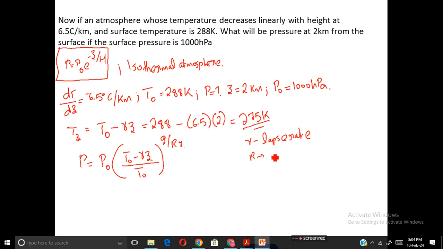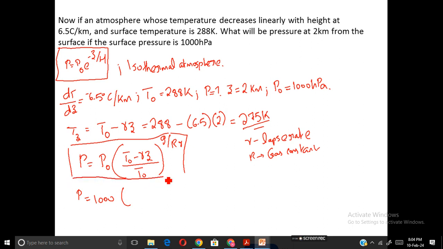R is the gas constant. Other quantities have been given. So basically P will become, P0 is 1000 hectopascal. So this is basically the equation if the atmosphere is not isothermal. We are considering the change of temperature with respect to height. So in that case, this will be the change of pressure with respect to height.